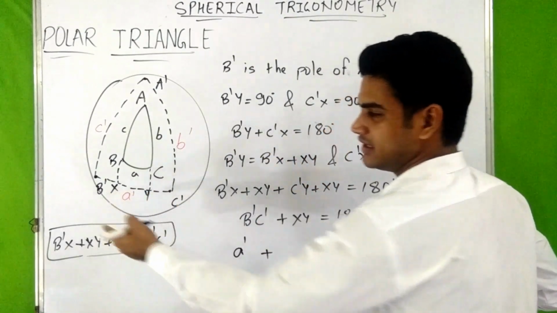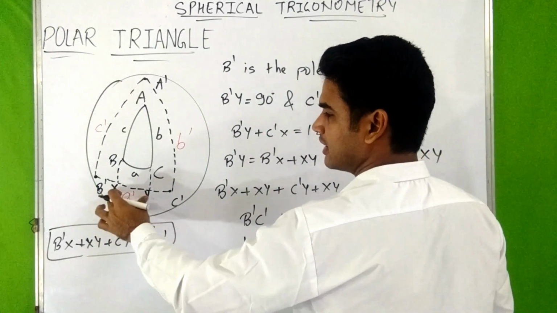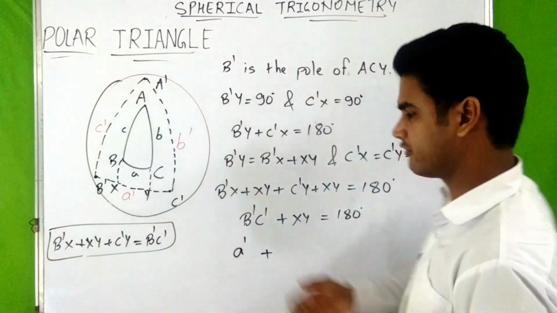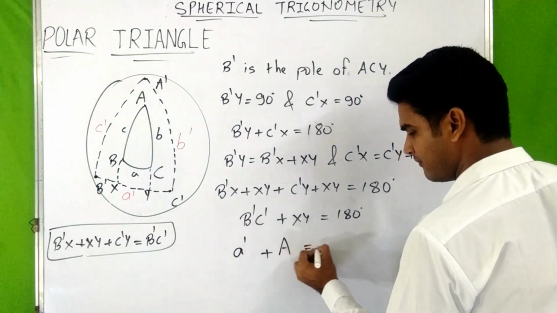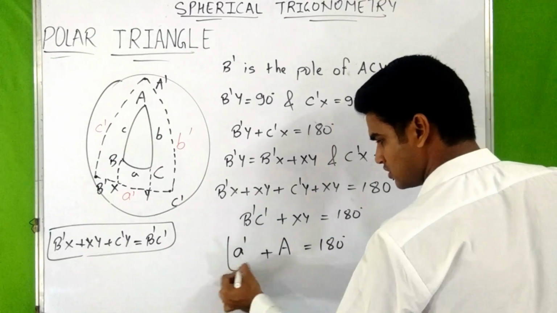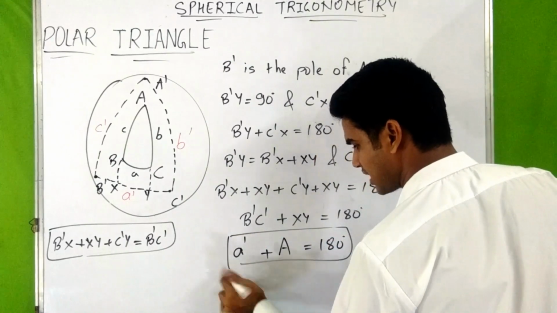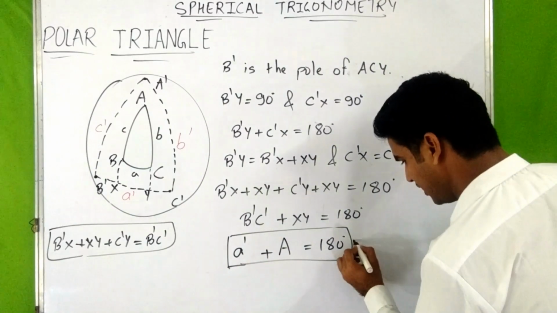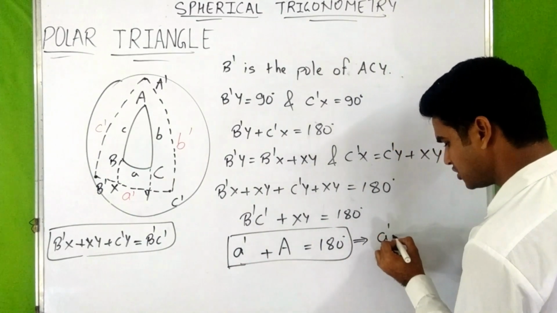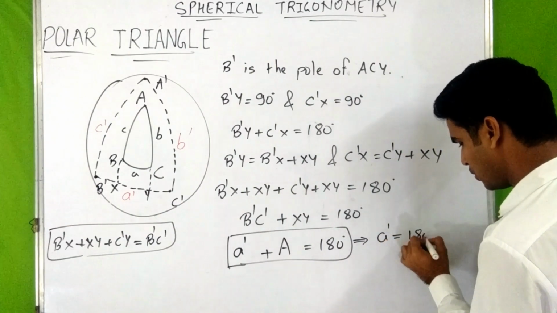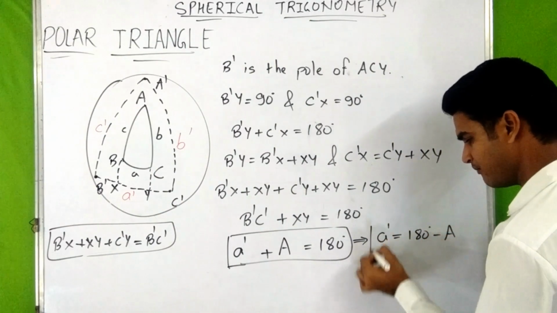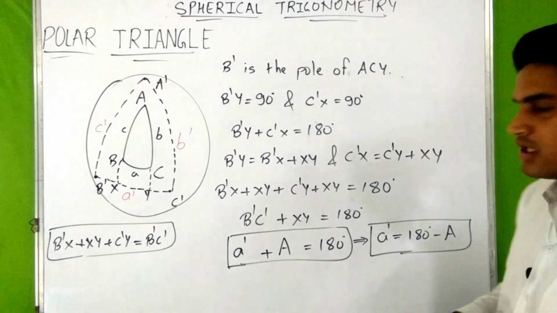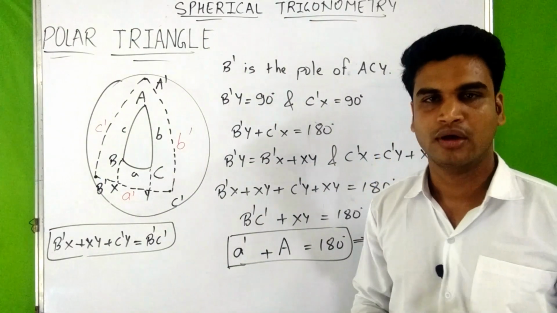This xy is nothing but the angle subtended at the point A of the primitive triangle, so it will be written as capital A. So we will get the equation small a dash plus capital A is equals to 180 degree, and it can be written as small a dash is equals to 180 degree minus capital A. Now we can say that this equation actually proves the first statement related to polar triangle.